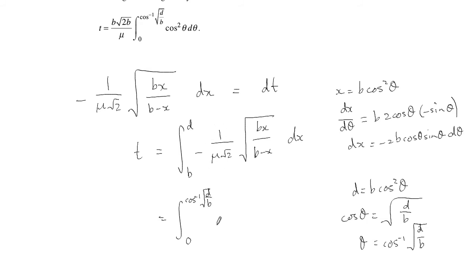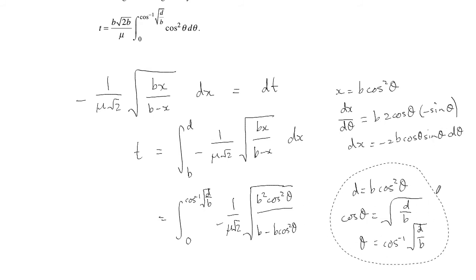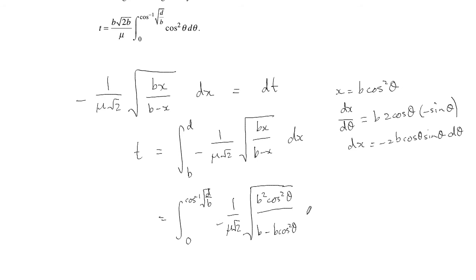And we've still got the minus 1 on mu root 2. So b times x is b squared cos squared theta. And then we've got b minus b cos squared theta. And then we need to multiply by all of that, so need some more room there.